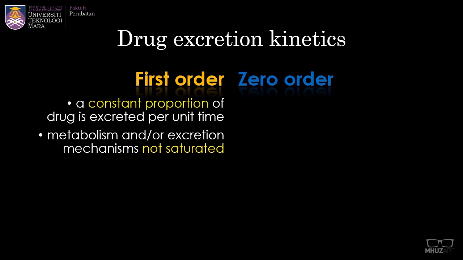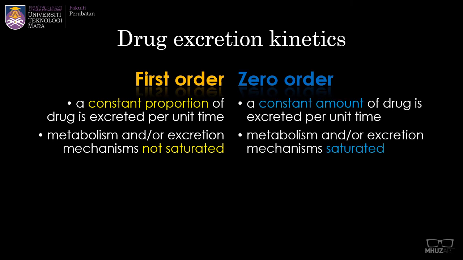And why this happens is that the processes involved, the metabolism and the excretion mechanisms, are not saturated by the drug. Okay, I'll explain to you what this means when I talk about zero order, in which there is a constant amount of drug excreted per unit time.